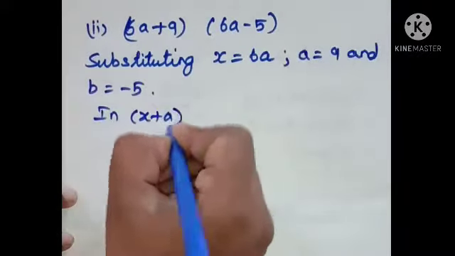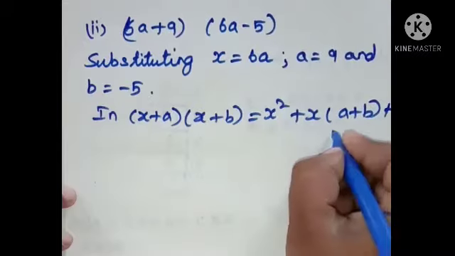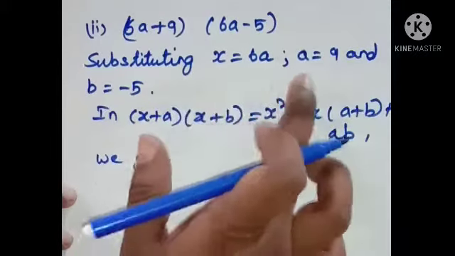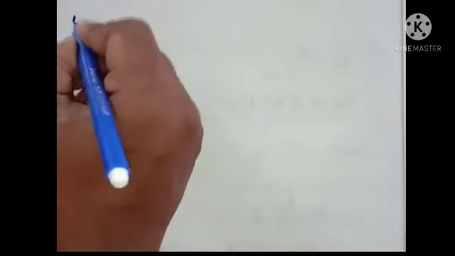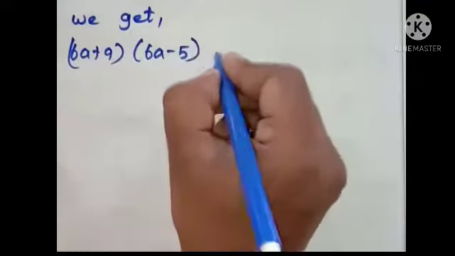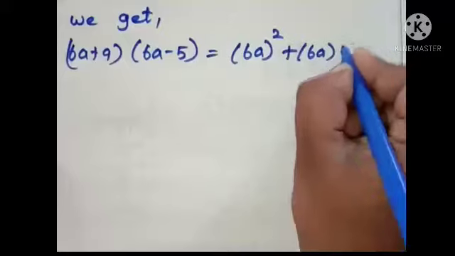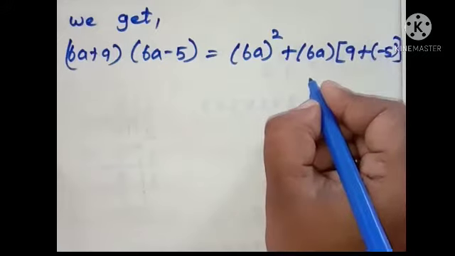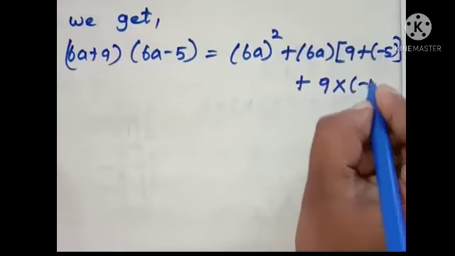So in (x + a)(x + b) = x² + x(a + b) + ab, substituting all these values of x, a, b in this identity, we now get (6a + 9)(6a - 5) = (6a)² + 6a(9 - 5) + 9 × (-5).